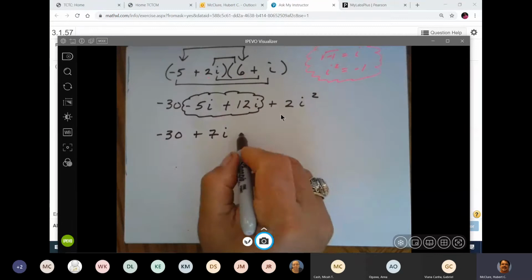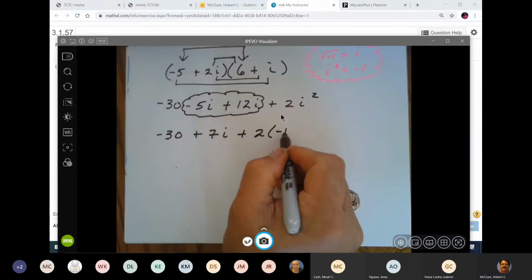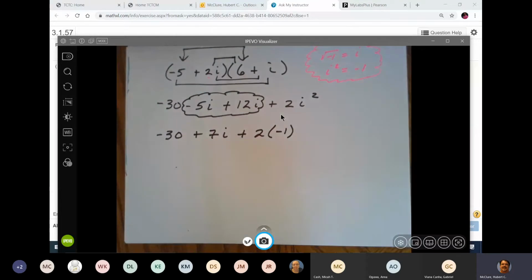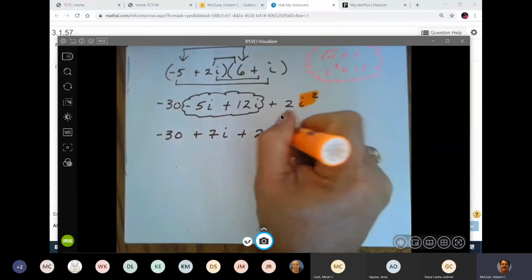Plus 2 times -1. And I'm going to put a highlight on this, because that i squared right there becomes -1.